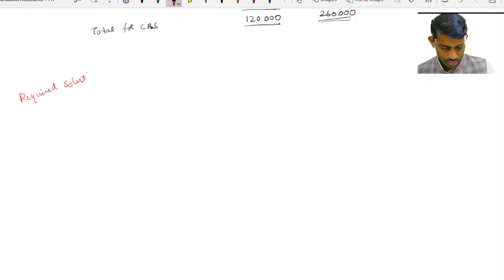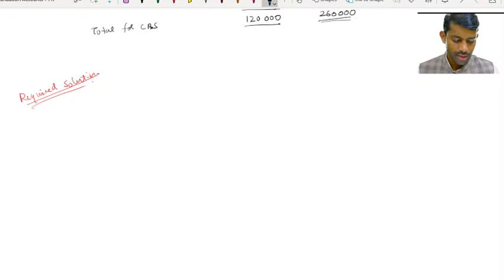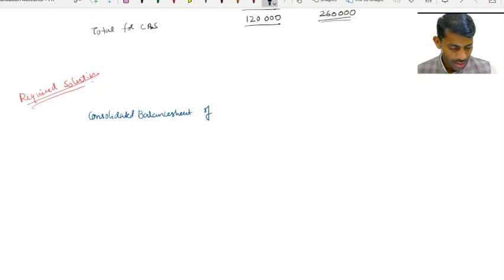So the required solution is the consolidated balance sheet of H Limited and its subsidiary S Limited as on 31st March 2018.